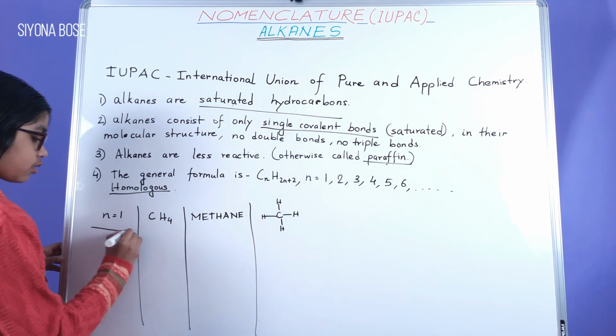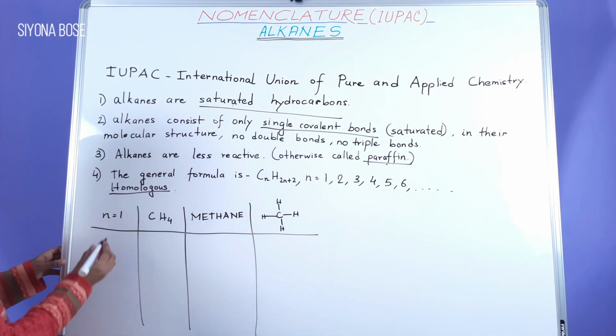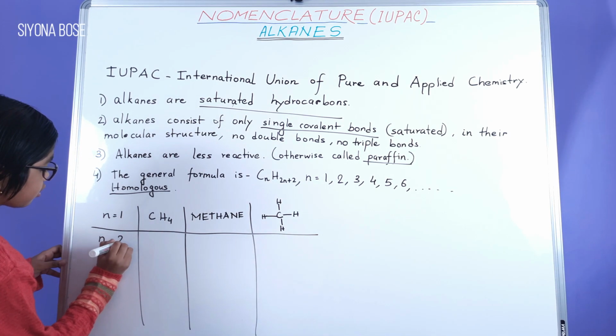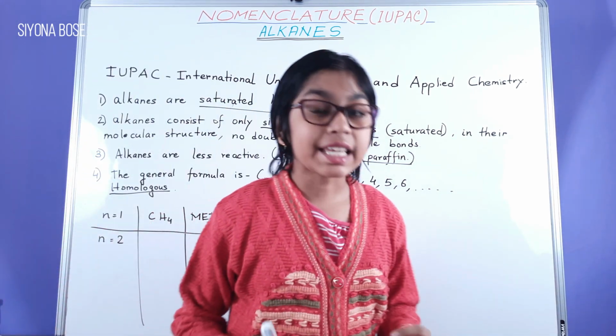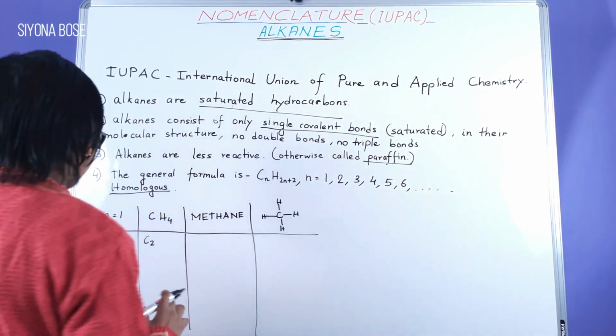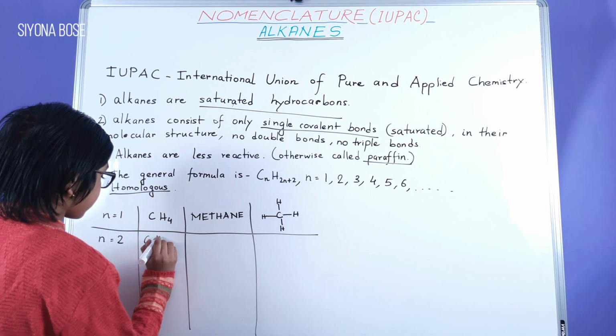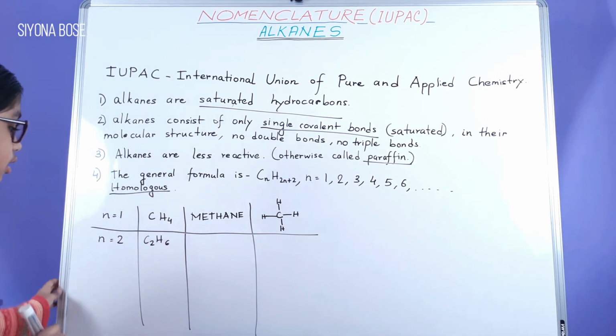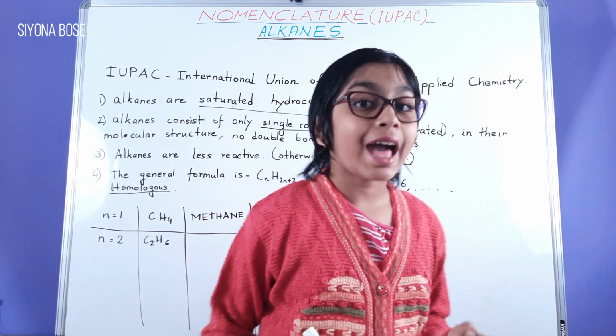Next, we have n equal to 2. It will be C2, and as per calculations we have H6. This will be ethane.